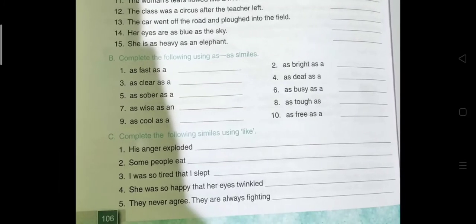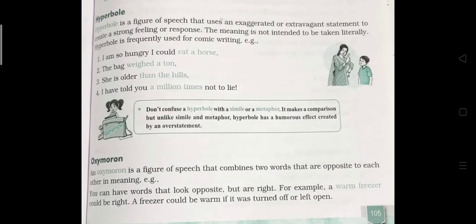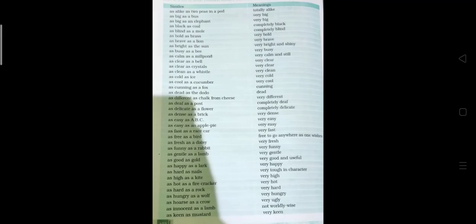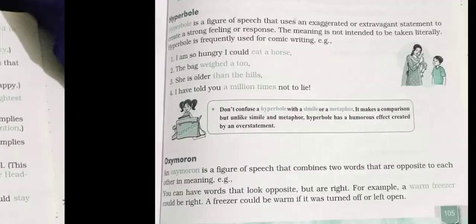His anger exploded like a volcano. Some people eat like an elephant or a horse. I was so tired that I slept like a log. So these are there. You have to see the table of similes, read them from there, and solve the exercise. So for that your table is very important.